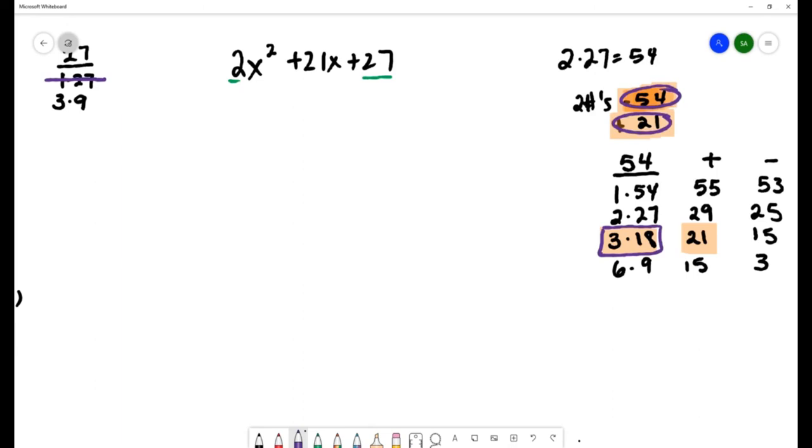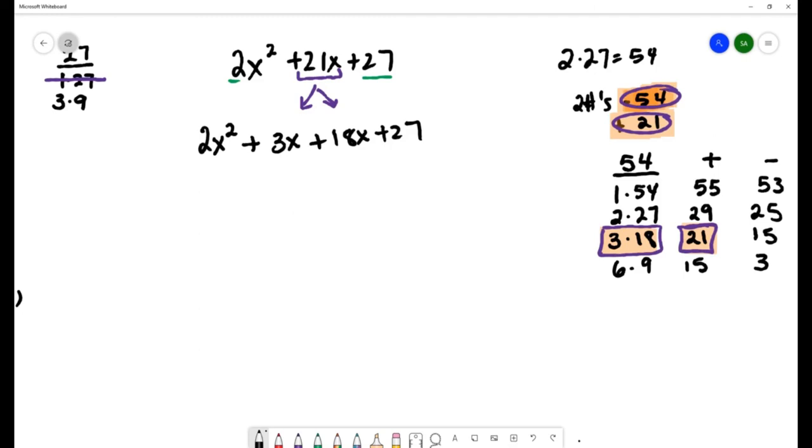So what you're going to do is you're going to take that 21 and you're going to split it using the numbers that you just found. So let's rewrite this as 2x squared plus 3x plus 18x plus 27.